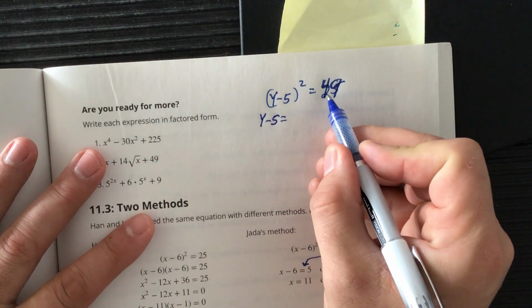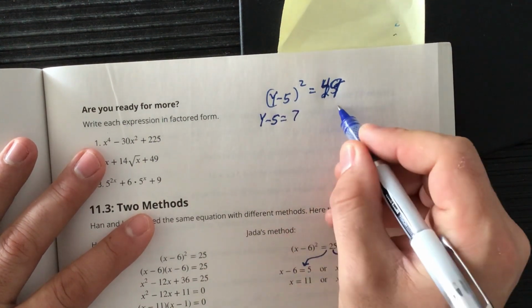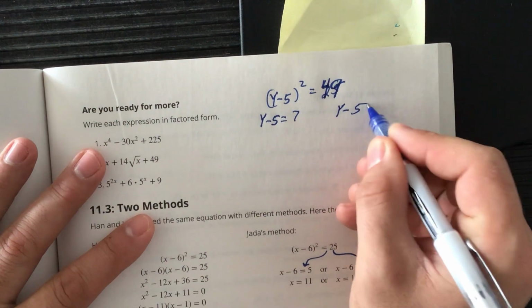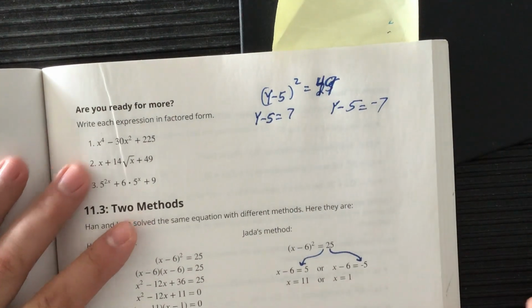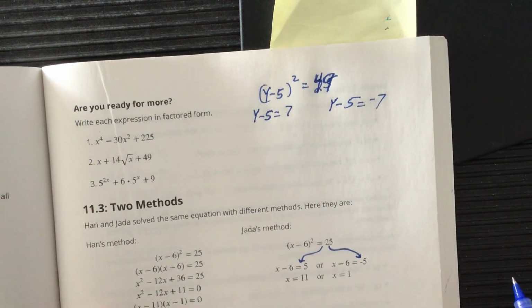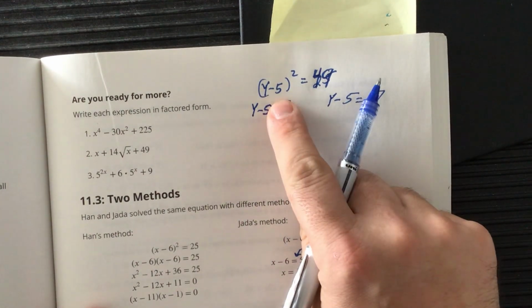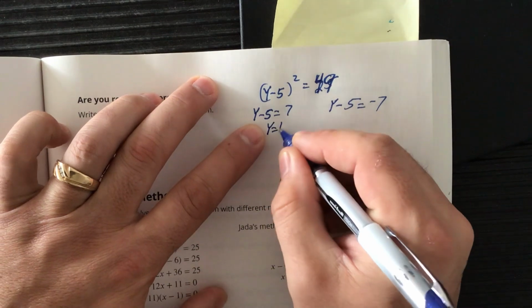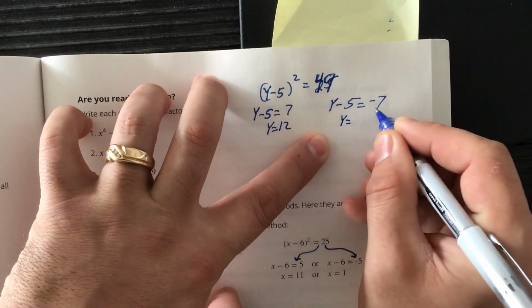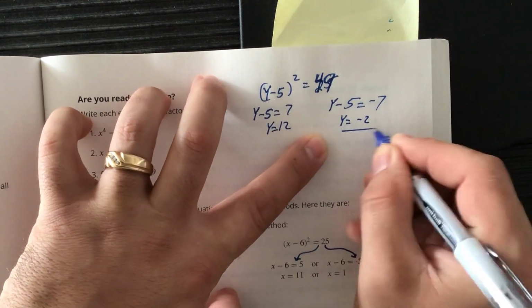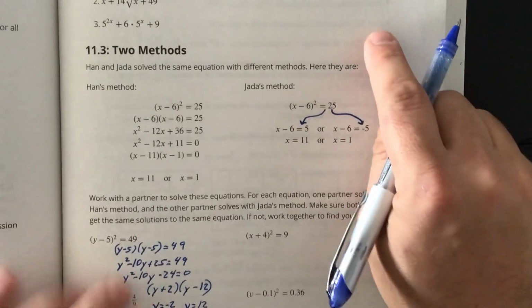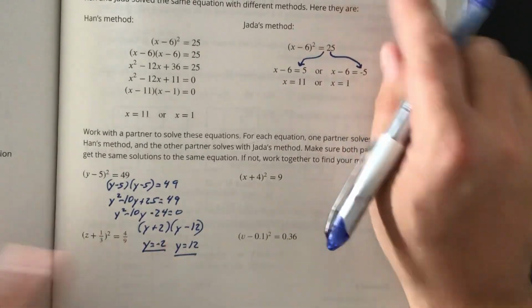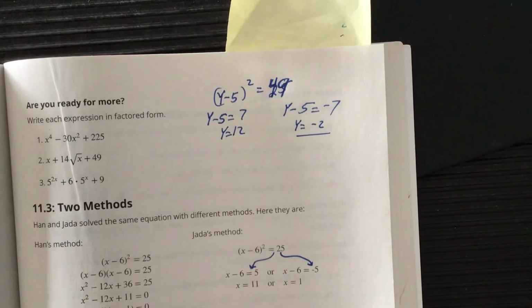Square root of 49 is 7 and -7. So I set that factor here equal to 7 and -7. Solve it. Add 5. And you'll notice you get the exact same answers as we had right here. How sweet is that?